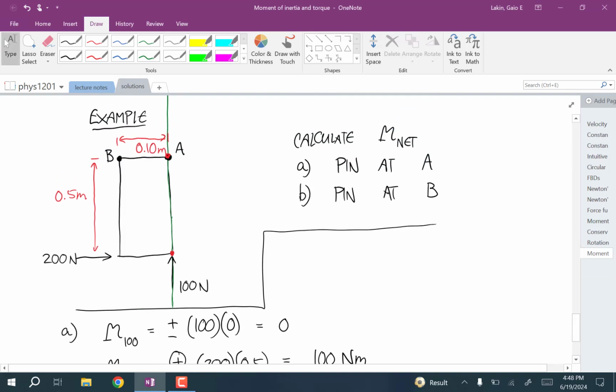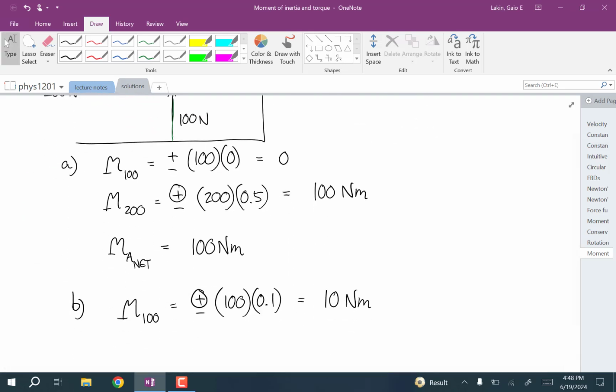Now we'll go to the 200 Newton force. The line of action of that force is this. In this case, that 200 Newton force is already perpendicular to the line between the hinge and where the force is applied.